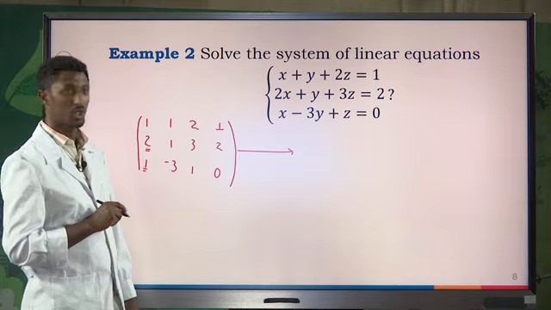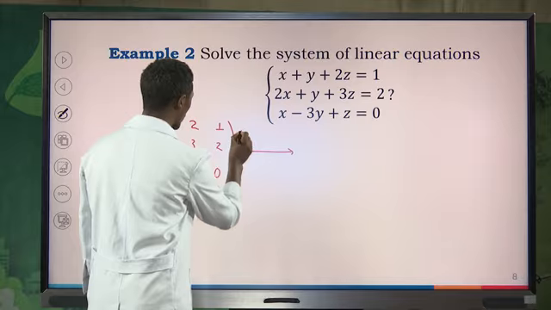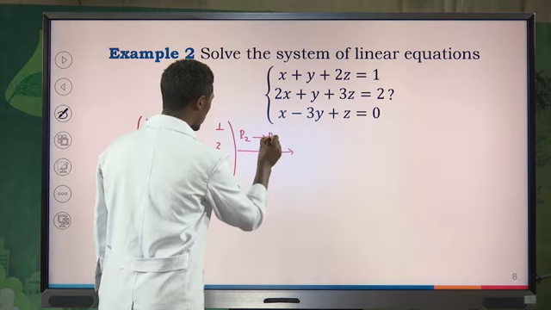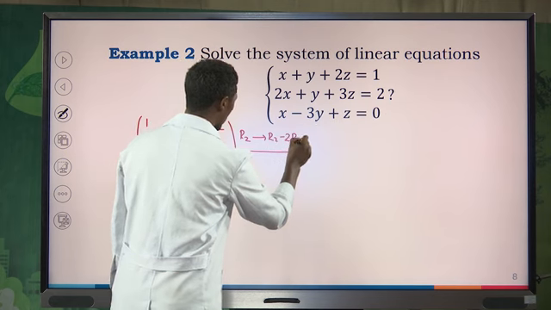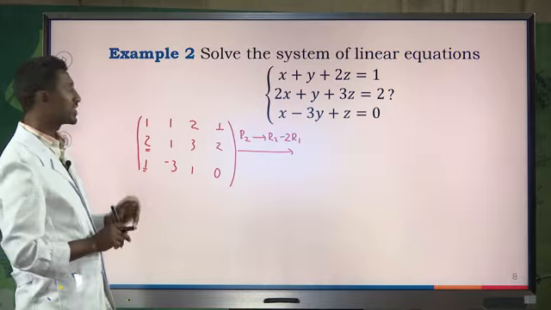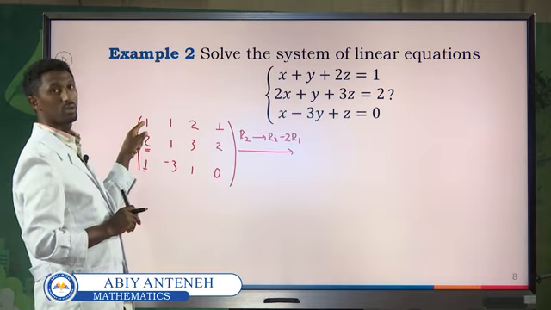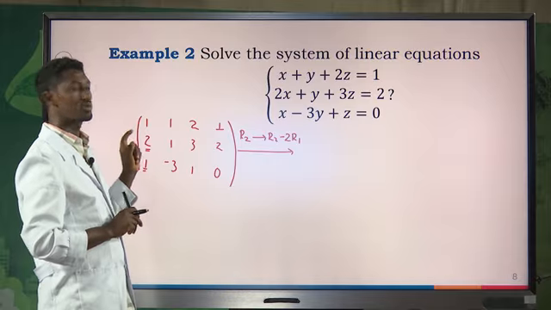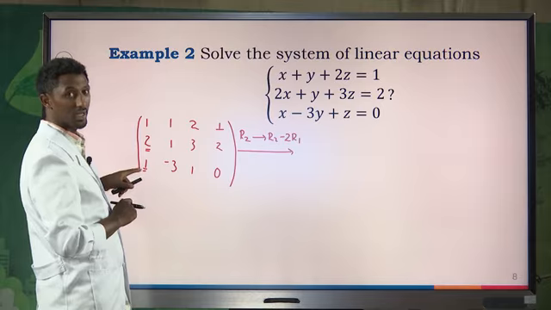So how can we make these two constants 0? We have to use pivoting. R2 will be changed to R2 minus twice R1. We'll only focus on this value: 2 minus what constant times 1 will be 0? That's 2. And also this must be equal to 0, it's 1.